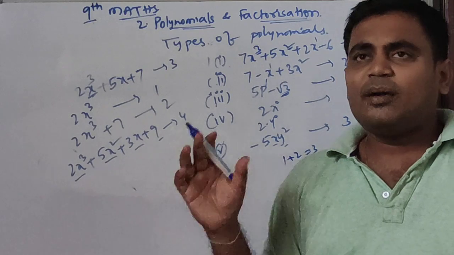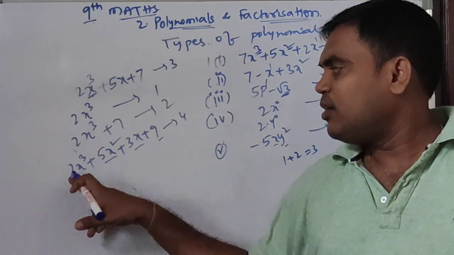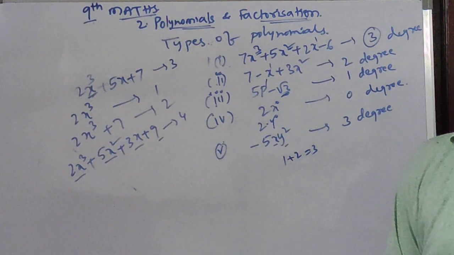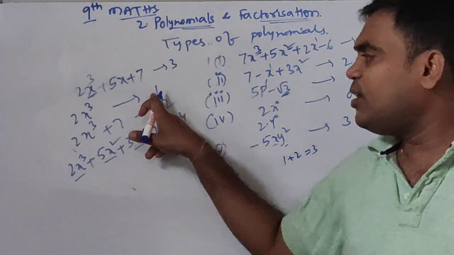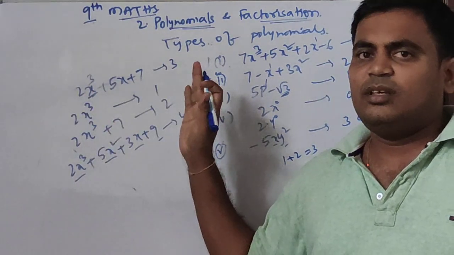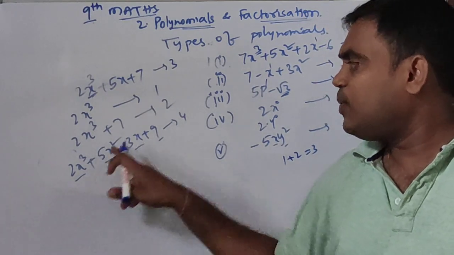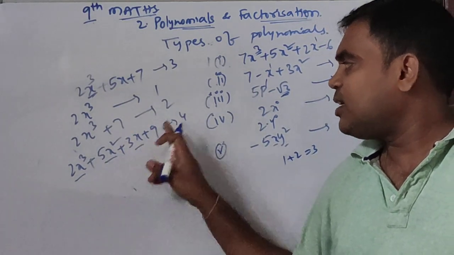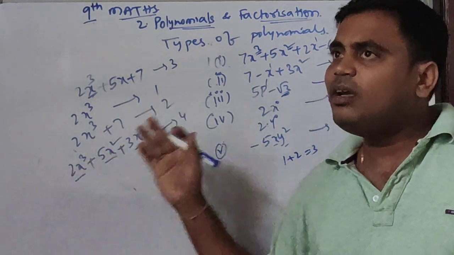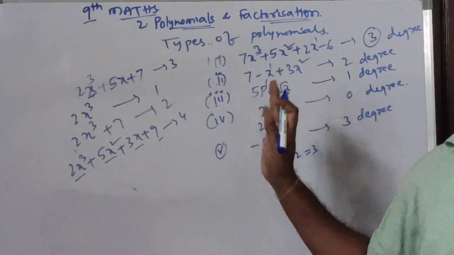So the maximum number of terms of a cubic polynomial is 4. The minimum number of terms of a cubic polynomial is 1. Other than x cube, we won't take anything. Here the maximum possibilities are the x cube term, x square term, x term and constant. Maximum 4. If we take any other term, the degree would not be 3.